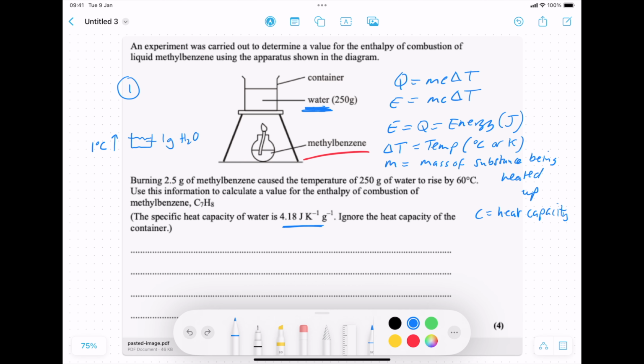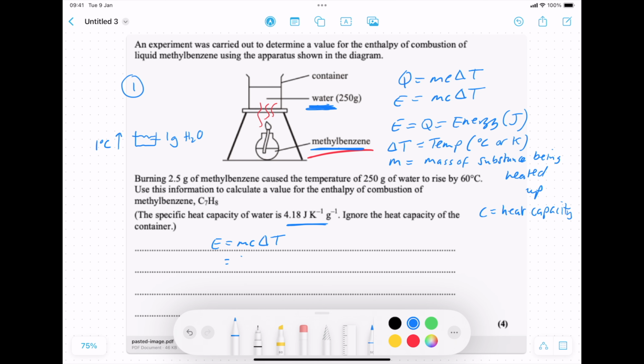So first of all, let's work out the energy of this reaction. We are burning methylbenzene, which is a really volatile hydrocarbon, kind of like petrol or diesel, very flammable, and the heat that is given off goes into the water and heats it up. E equals mc delta T. M is the mass of the water, which we can see is 250, not the mass of the methylbenzene.